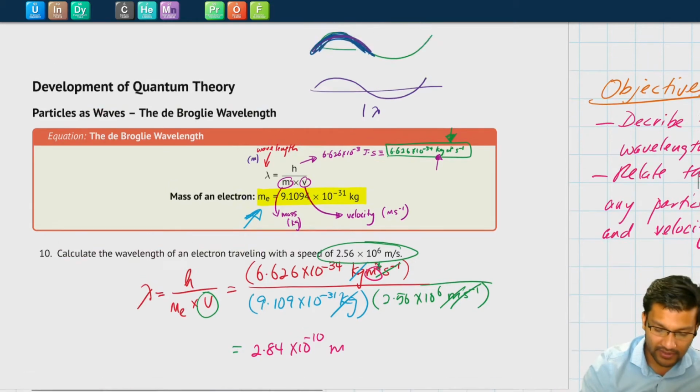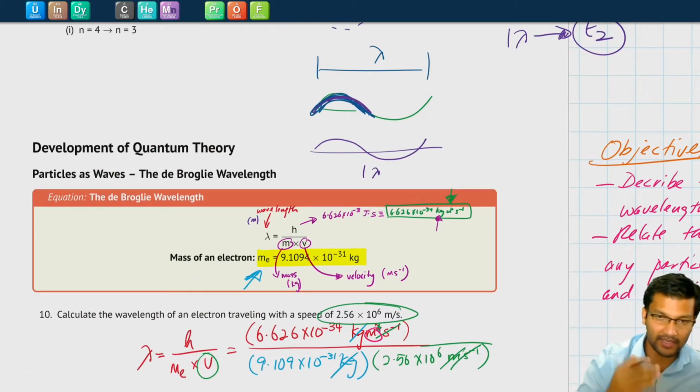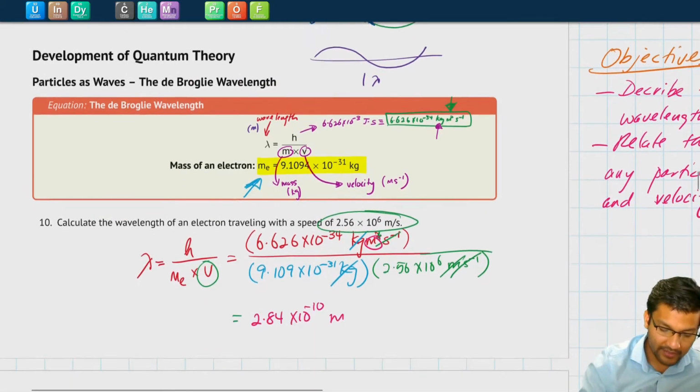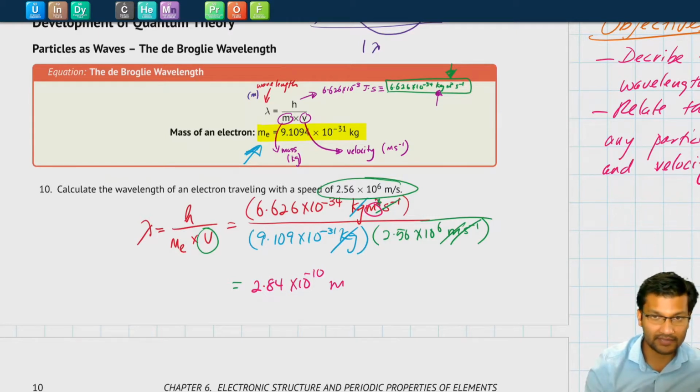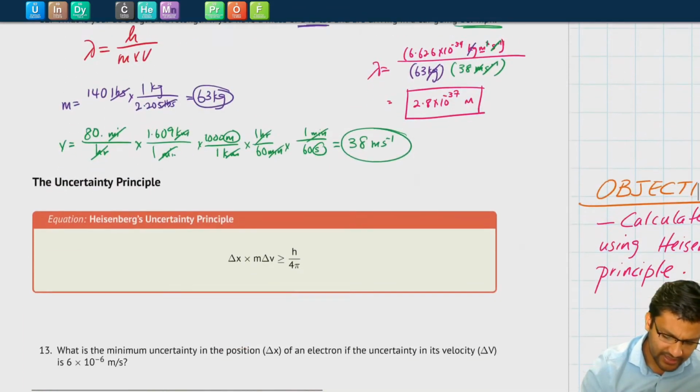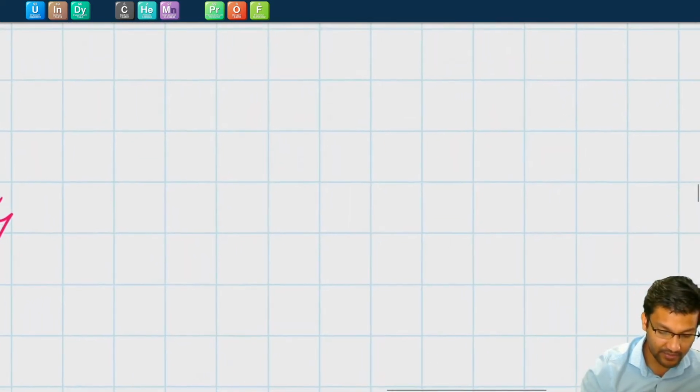And so by doing that, the energies will be very discrete, and so that's why we get line spectrum. And then using the de Broglie wavelength, we can assign the wavelength of that electron moving as a wave. And in fact, the de Broglie wavelength can be used to describe the wavelength of any massive object with some velocity. But there's an interesting phenomenon that happens when we start to describe things as waves.